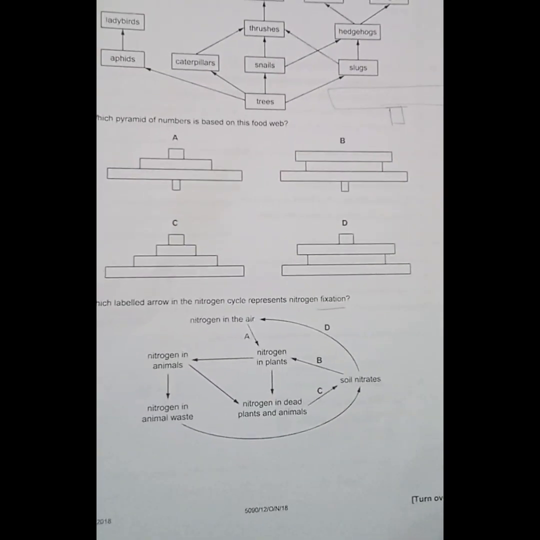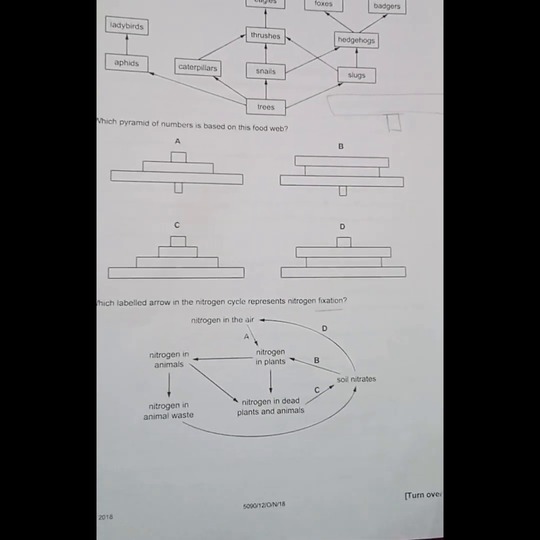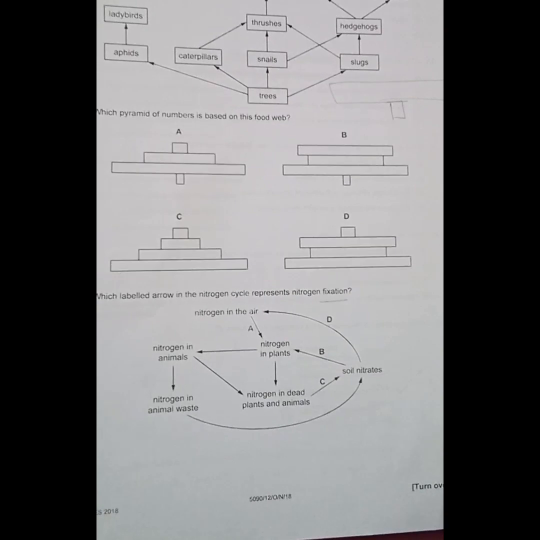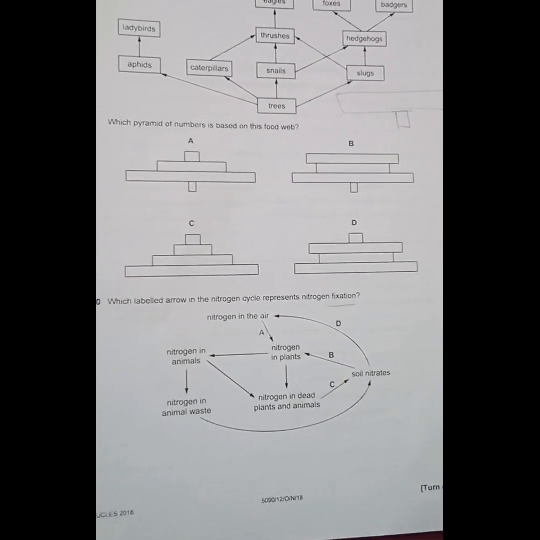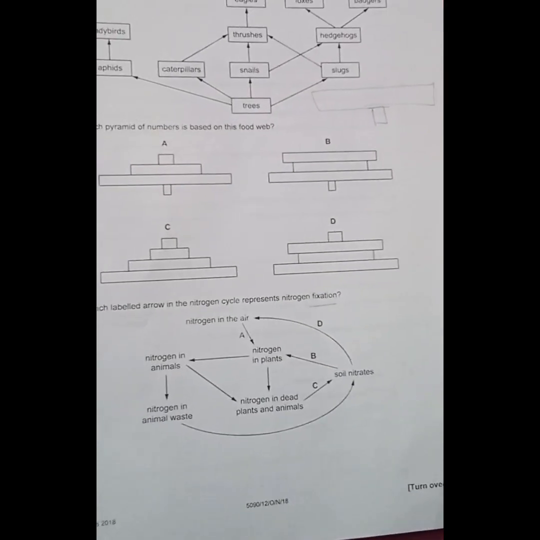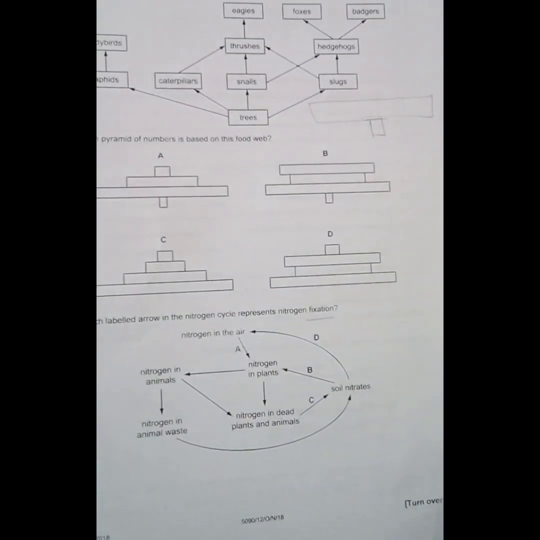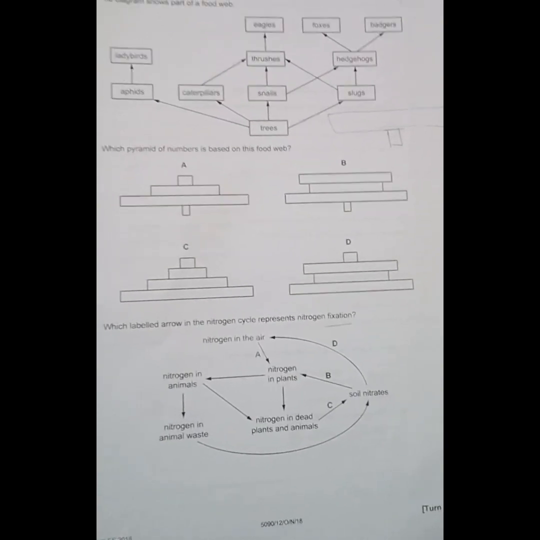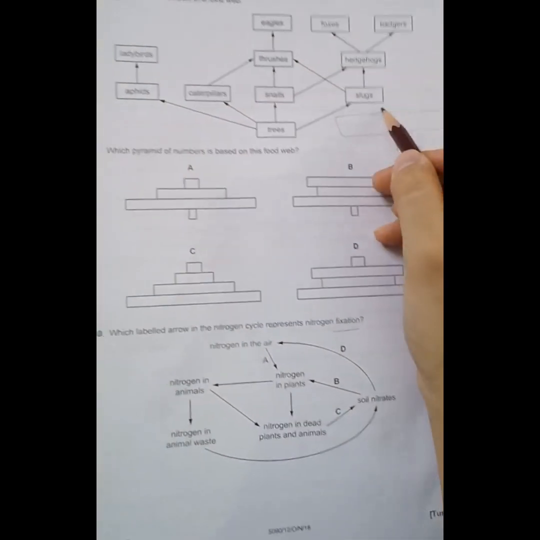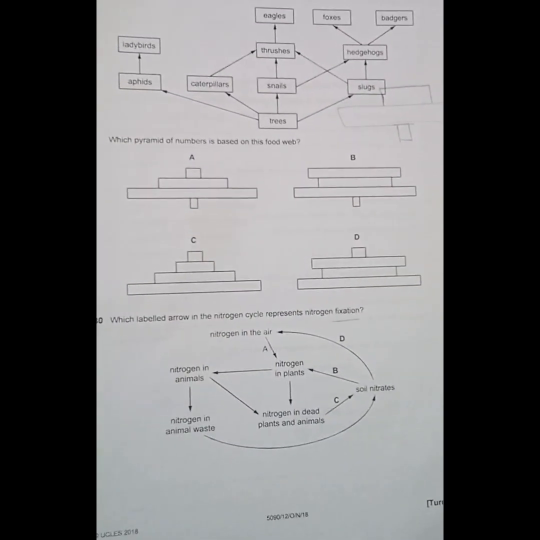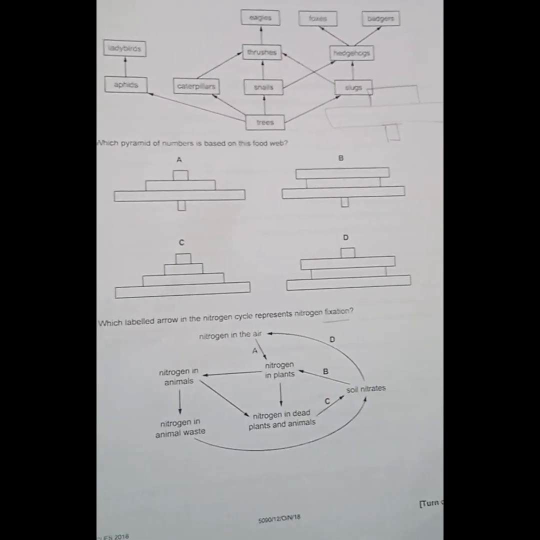The bird is a bigger animal, which means the energy requirement is greater as well. So to fulfill their energy requirement, they have to feed on more ladybugs. A small number of birds have to feed on a larger number of ladybugs. Birds are fewer in number, and they have a greater size, hence their energy requirement is going to be great as well.